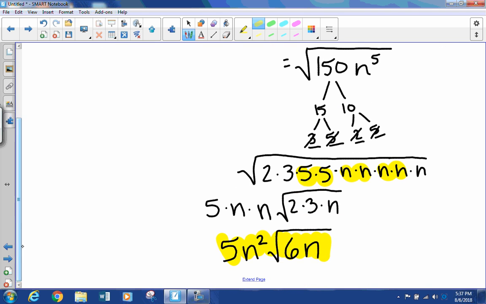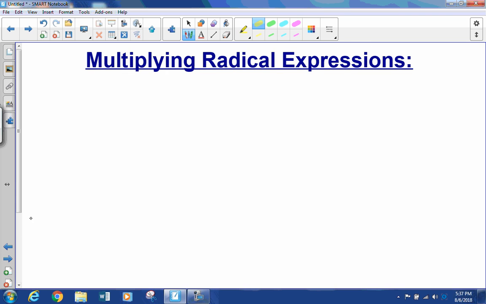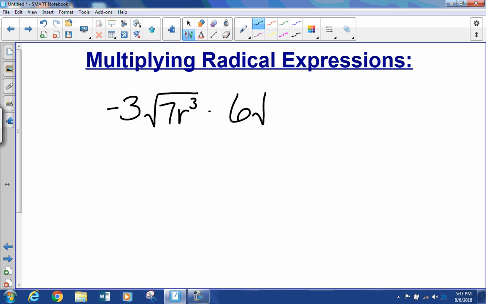Another example, slightly more complicated. The original problem is -3 times the square root of 7r to the third times 6 square root of 7r to the second. Again, it's individual radical expressions, but since they are being multiplied, we can combine them to be one radical expression to simplify.